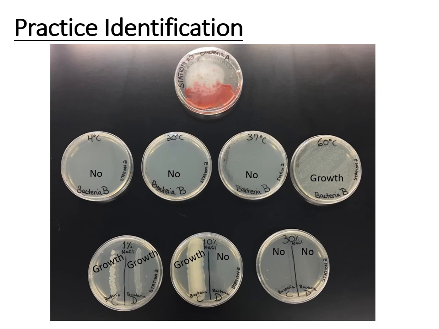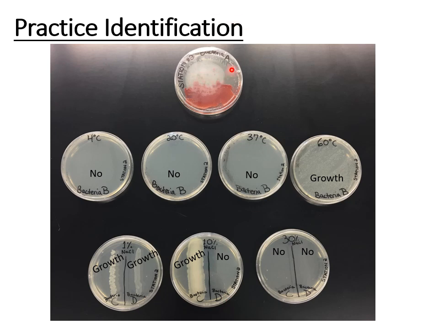The last slide that we have here is practice identification, and this is very similar to how we do the lab practicals for this course. So I gave you 4 different bacteria. I gave different growth conditions, and in the post-lab assignment, I'll ask you to do things like identify particular bacteria or explain differences amongst the bacteria.